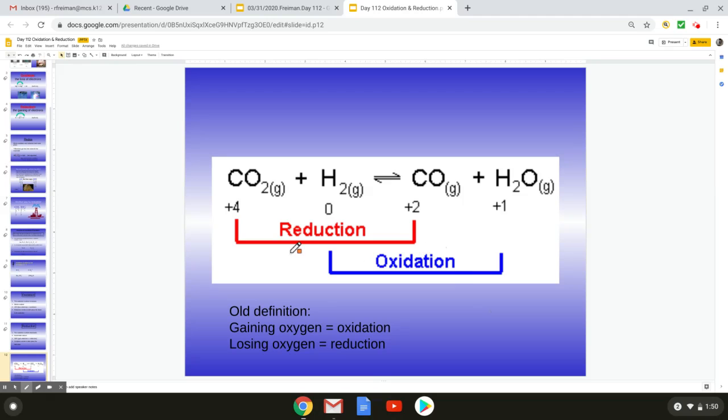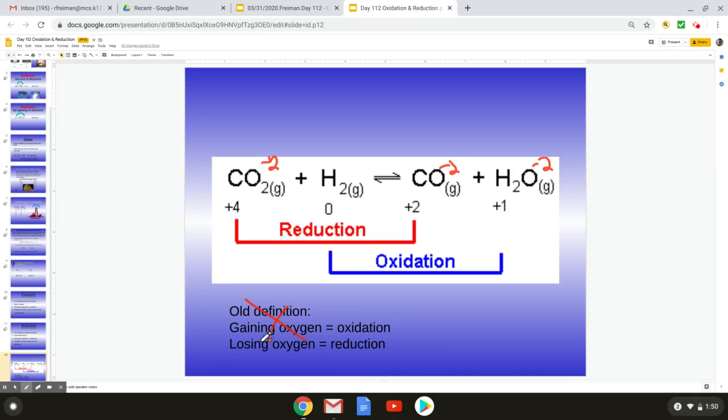So looking at this, oxygen is always negative 2. Oxygen's oxidation state did not change, so the old definition really doesn't work in this case.